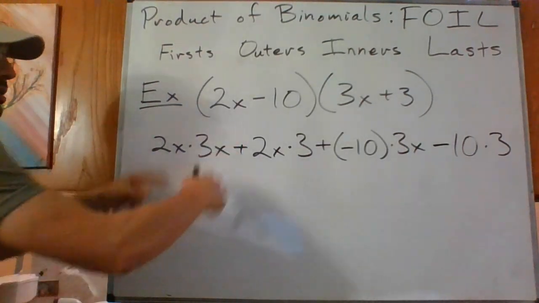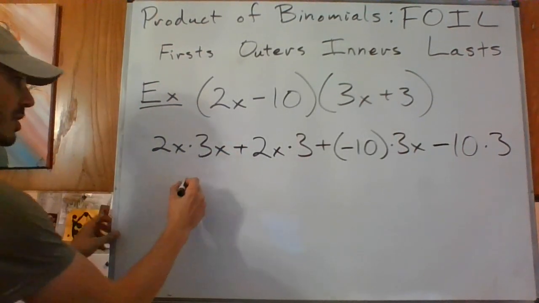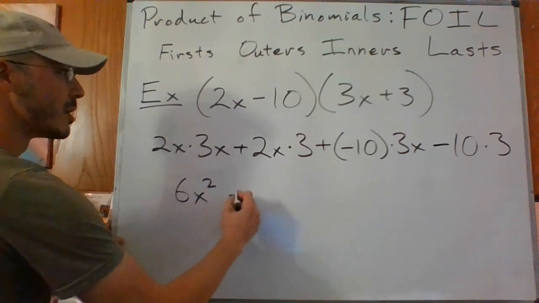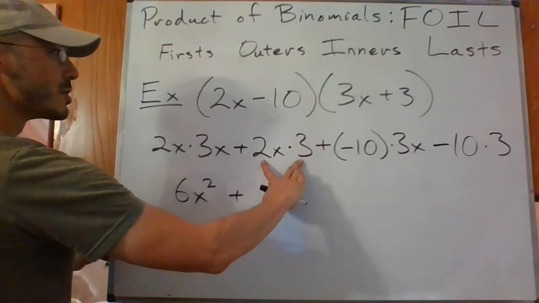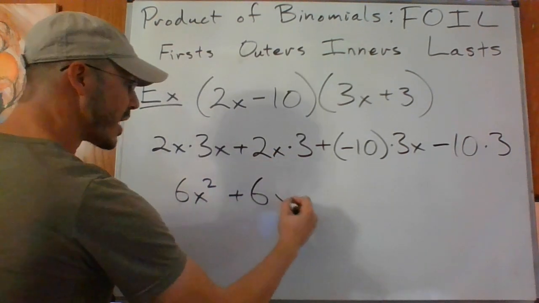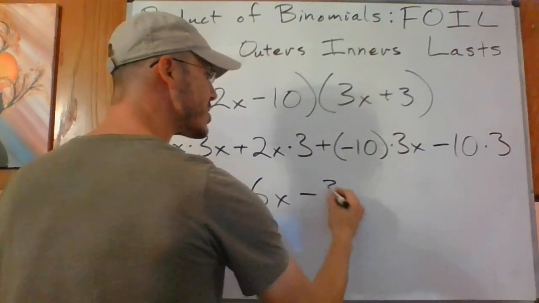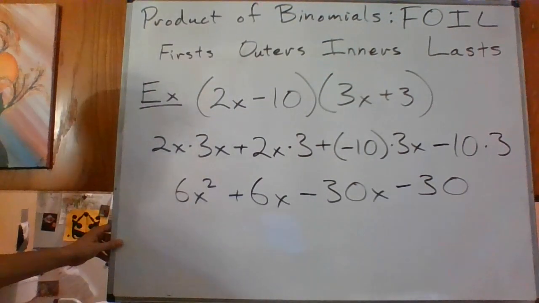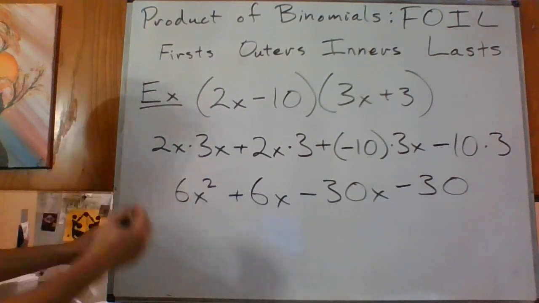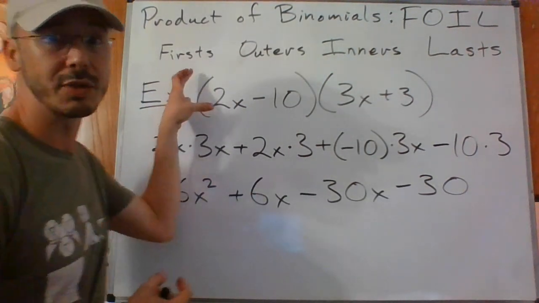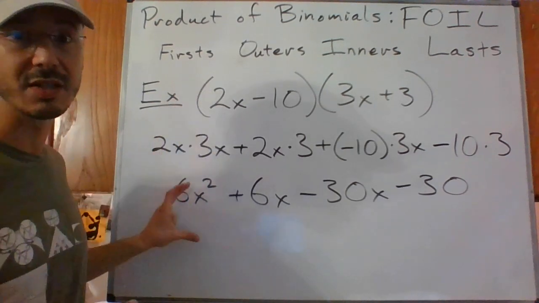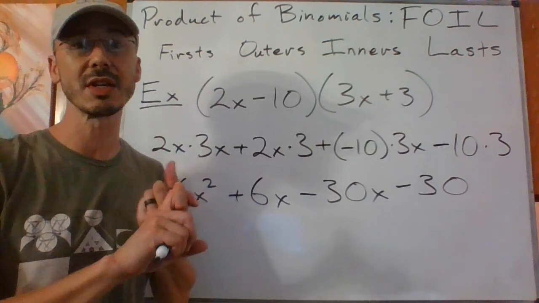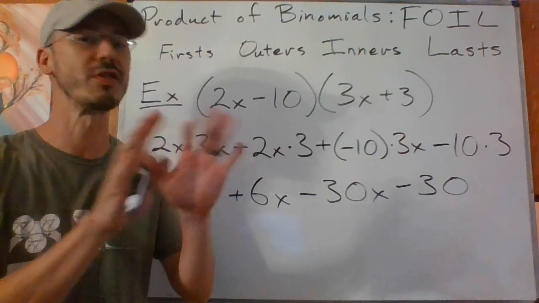Now the products of all these pairs: the firsts, 6x squared; the outers, 6x; the inners, minus 30x; and the lasts, minus 30. With some practice, you will probably be able to go straight from this to this, because you're doing some things in your head, but you're not doing more than one thing in your head.